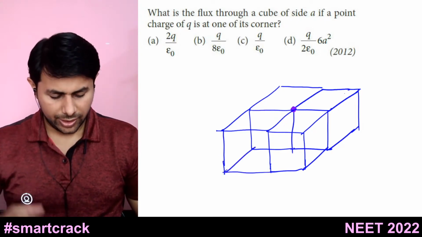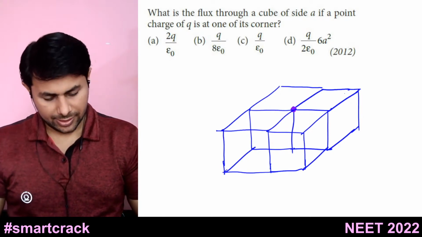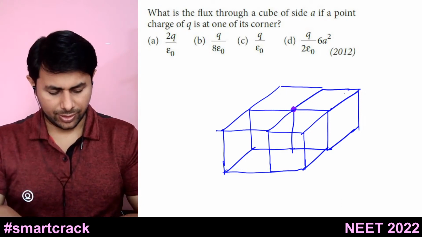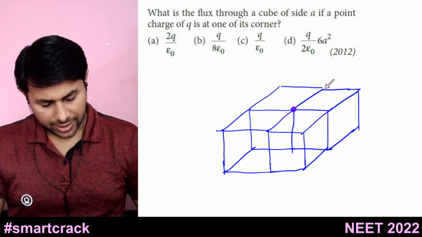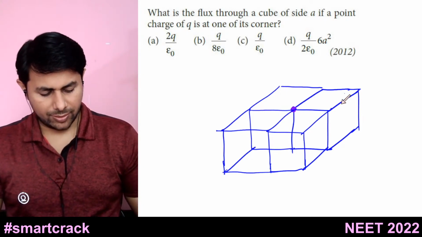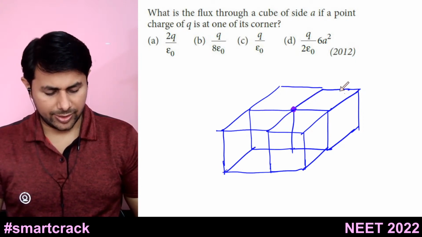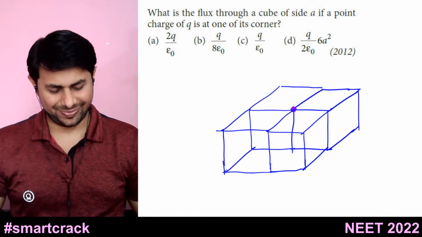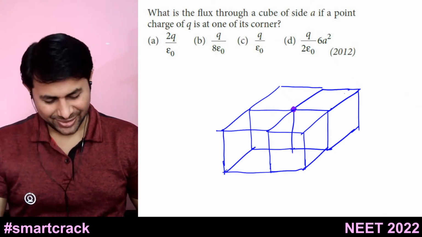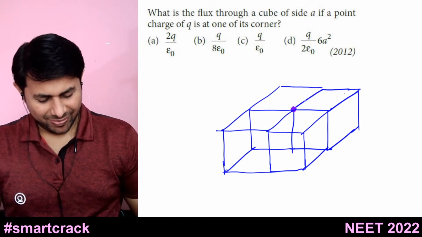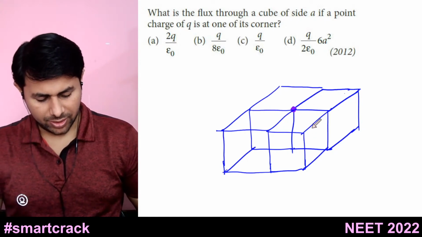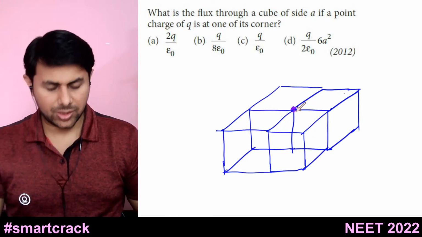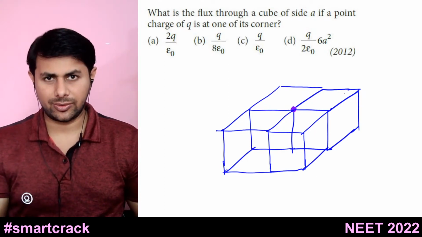No. So if I keep similarly 4 cubes over here, now see, this charge was at one of the corners of this cube. So we started with this cube, and what I'm doing is I'm building a building using cubes. So I'm keeping some other cubes like this, I'm arranging them. So now this charge is half enclosed.